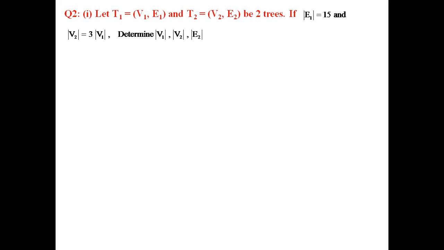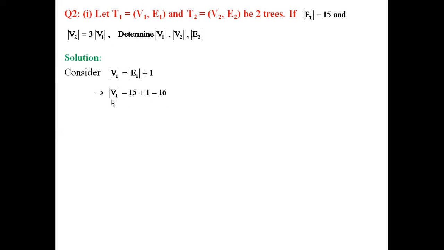So let's see how to do the solution. Consider V1 equal to E1 plus 1. So the number of vertices is equal to the number of edges plus 1, or the same as saying m equal to n minus 1, or n equal to m plus 1. We substitute the given value for E1, which is 15 plus 1 gives us 16.